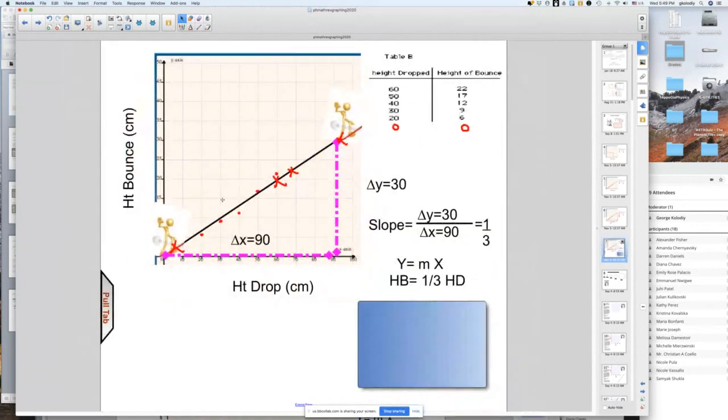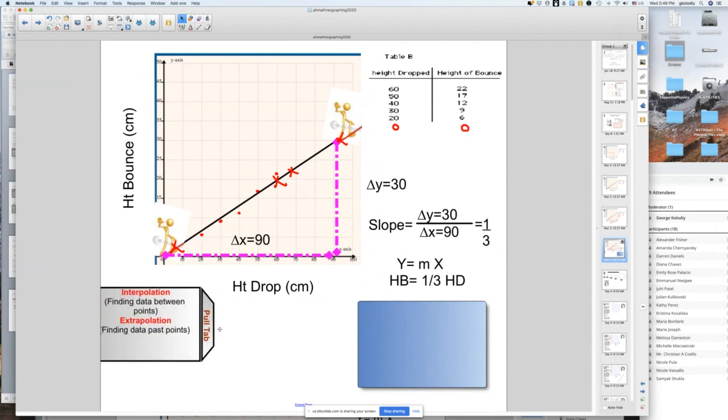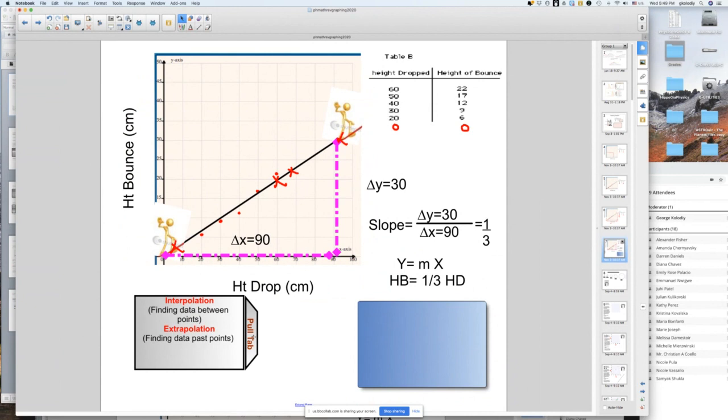And therefore, the connection between the two variables is y = mx. The y variable is equal to the slope times the x variable. So height of bounce equals 1/3 height of drop, same as before.